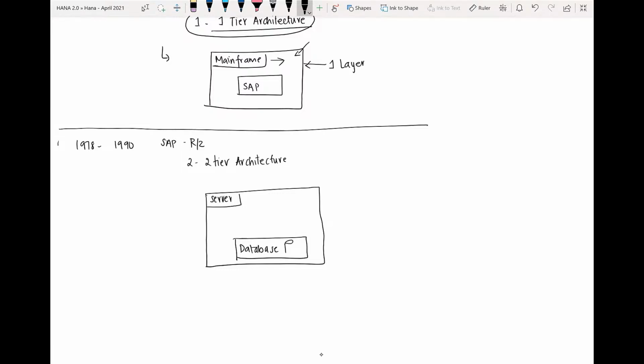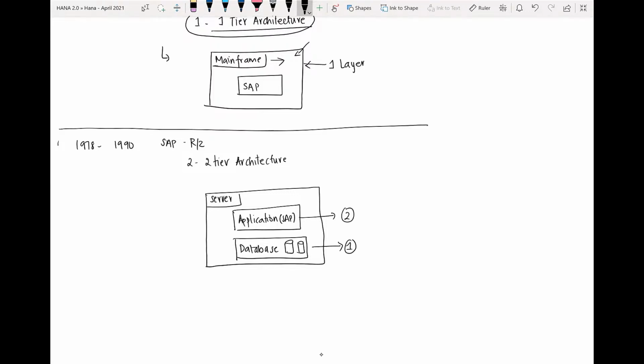All the data will reside inside this database, and you will have an application layer, which is where the software, your SAP software, is going to reside. Now they moved from a mainframe system to a server-based architecture. Layer 1 is your database layer. Layer 2 is your application layer. So that's why it was called a 2-tier architecture.